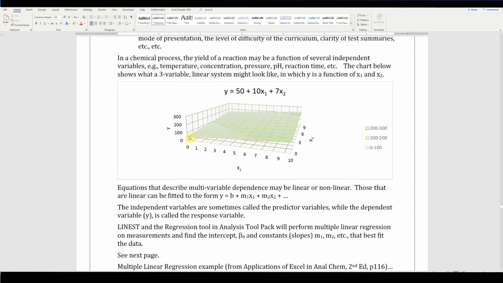And if you consider, for example, along the side wall, where the value of x1 is 0, so that's a constant, and just consider the relationship between y and x2. As x2, the depth, increases, then y increases by a sevenfold factor. So it's a flat surface. Notice that it doesn't run through the origin because we have an intercept of plus 50.